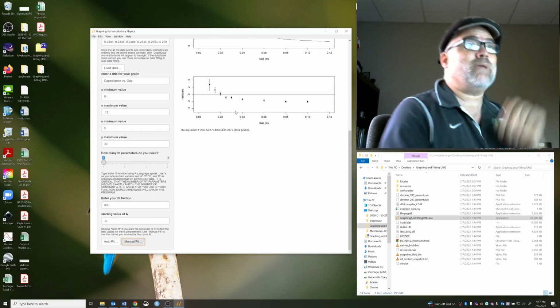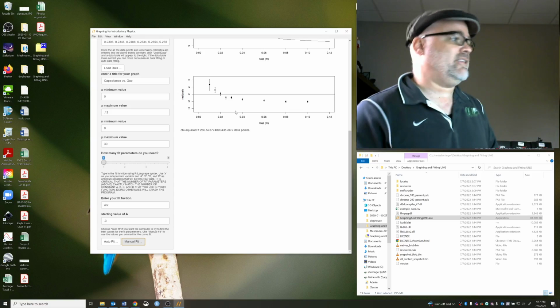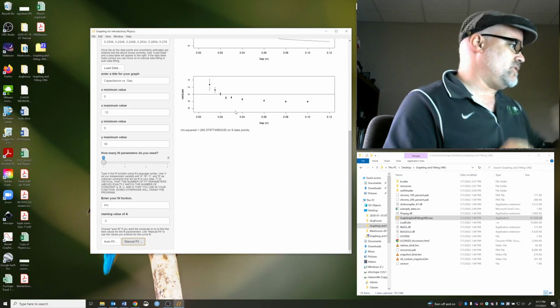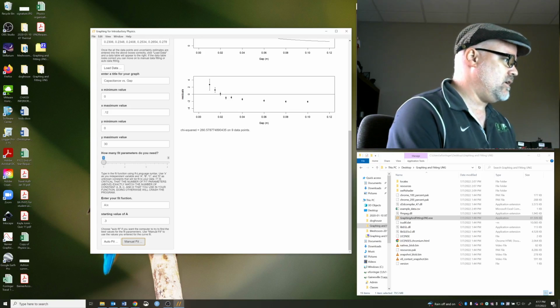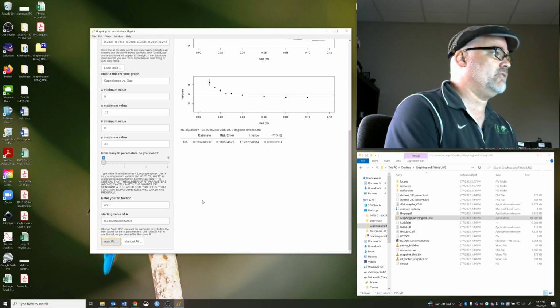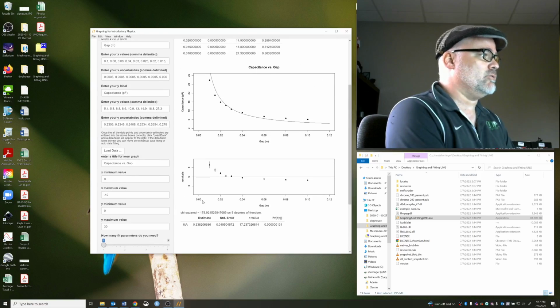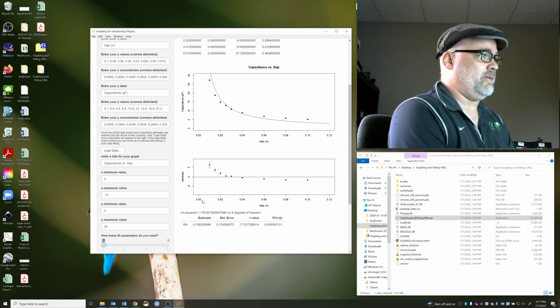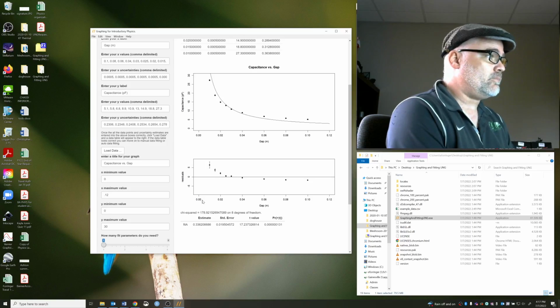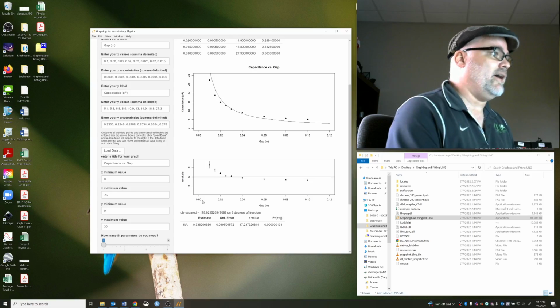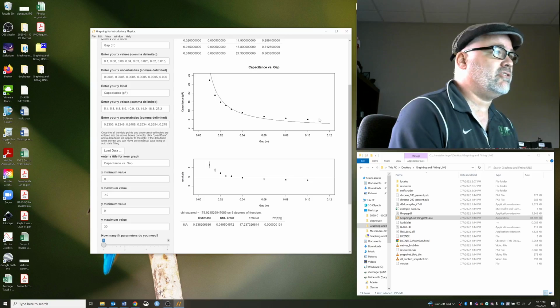And so you can do manual fits, which I really like. I love the idea that I can type in the values that I want and see what kind of curve I get and see how it fits. Or I can click auto fit and the computer will find the best possible value of A to fit my data. And what I hope you see right away is that it's not a good fit. We can tell just by looking at this that that's not a good fit.